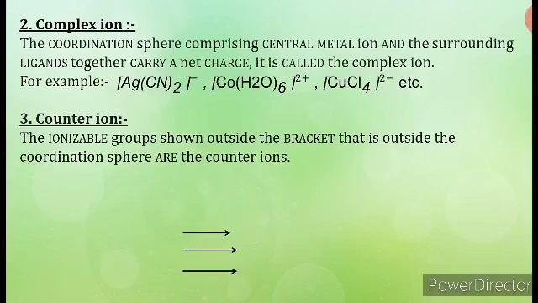So those particular ions which are written outside the coordination sphere are all ionizable, easily ionized when dissolved in water, and they are known as counter ions. The ionizable groups shown outside the square bracket, that is outside the coordination sphere, are known as counter ions.